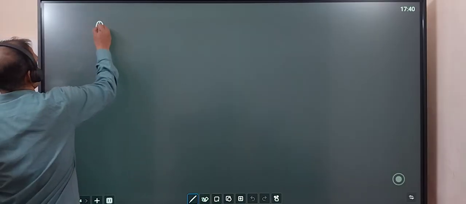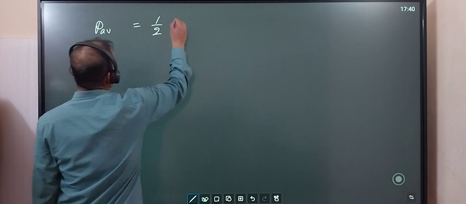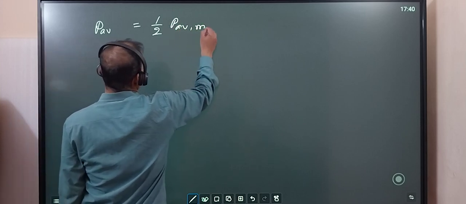So P average is half of the P average maximum.